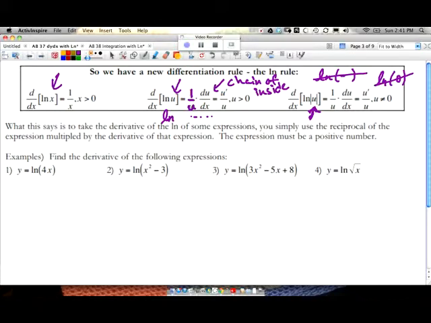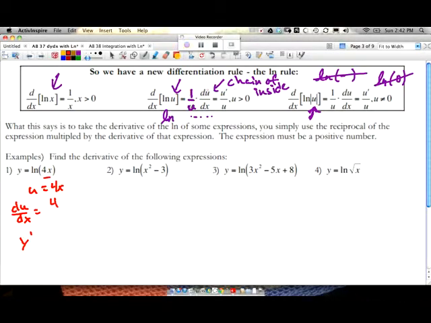I look at it and I see a couple things. First of all, the inside is not just x, because we already know the answer to that one. It's got an inside layer, and if I were to think of this as u equals 4x, then the u prime, or du dx, is 4.